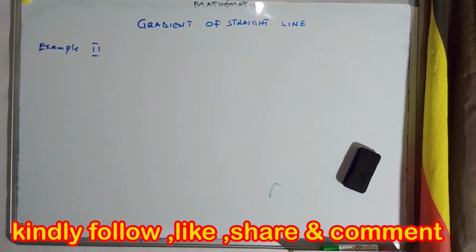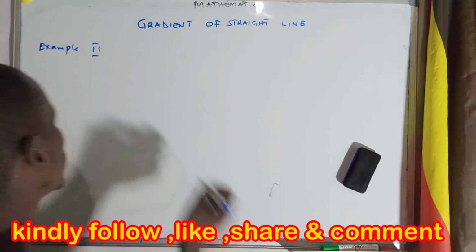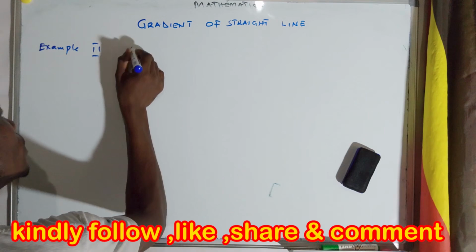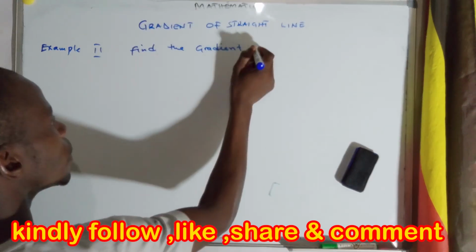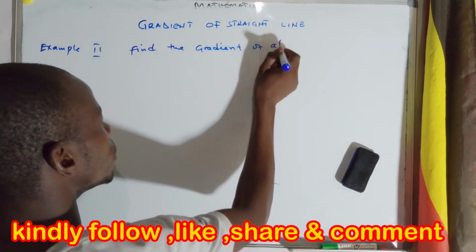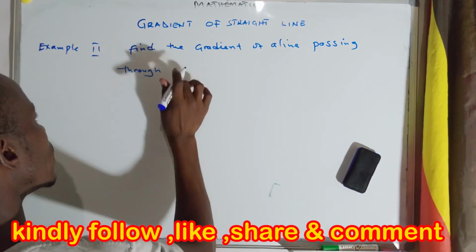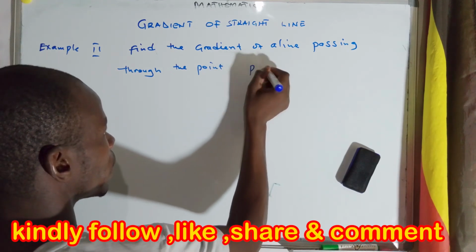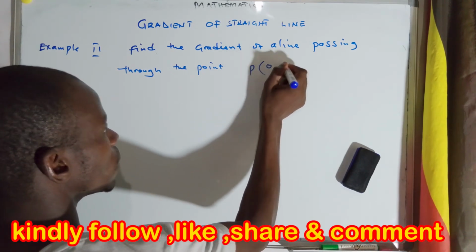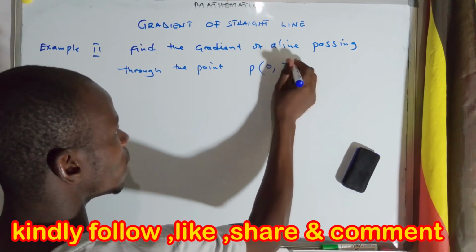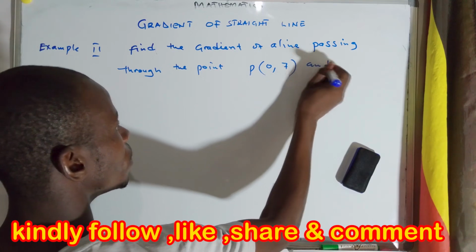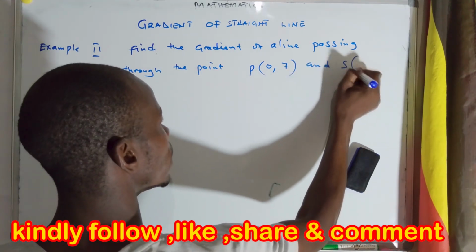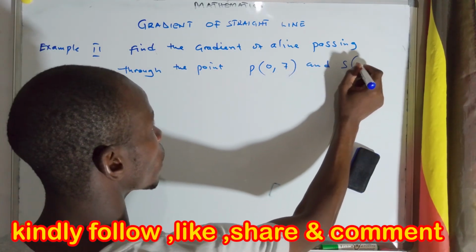Example 2. Find the gradient of a line passing through the points P equals 0, 7, and S equals 4, 0.